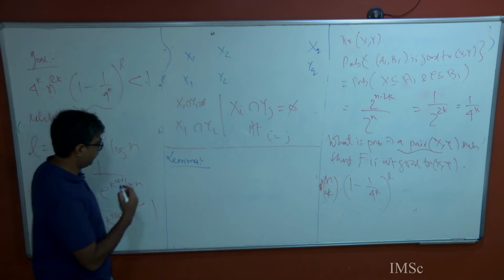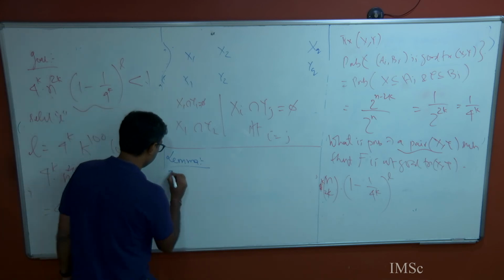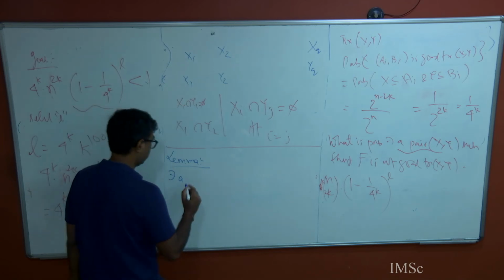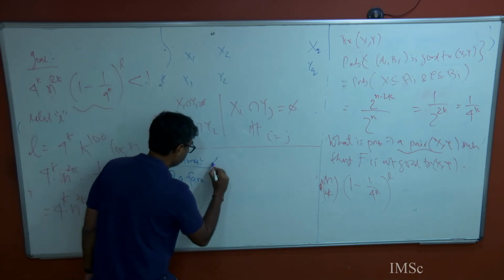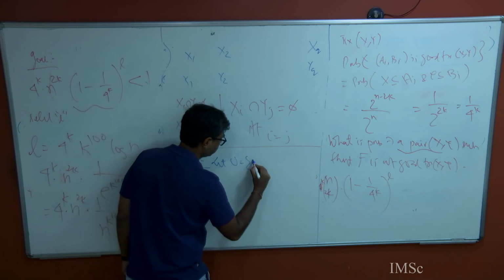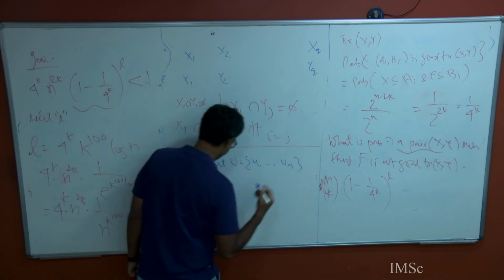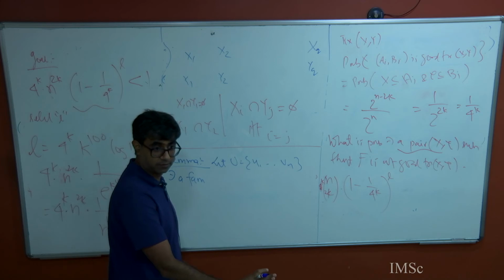So, that lemma we showed, there exist, let U be a universe on 2Vn, some universe, it has nothing to do with graph, okay.